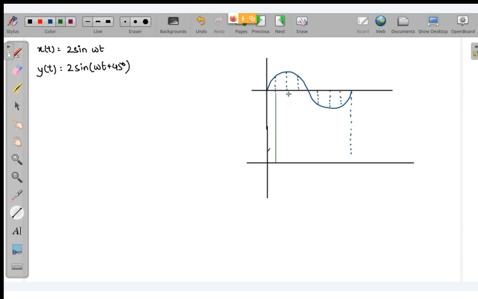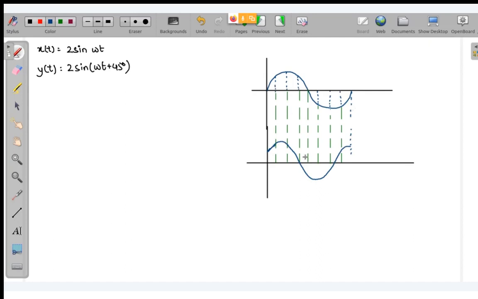So this signal we are going to sketch now. I am not able to draw it exactly over here, so it is a little bit difficult.